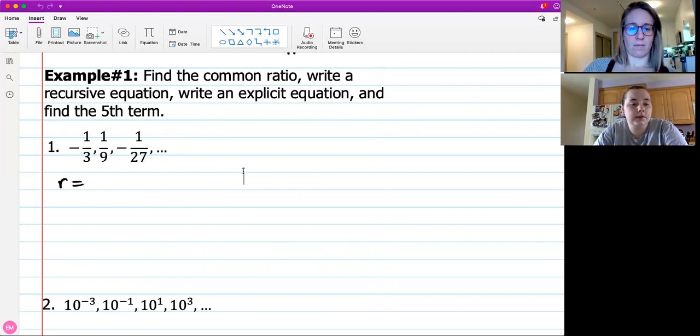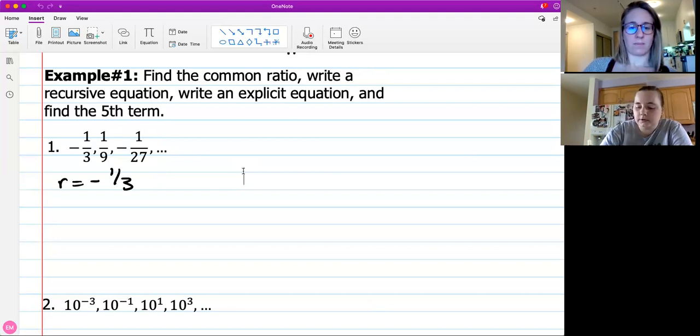So I know that our second term is positive, so we have to have a negative number, because a negative times a negative is a positive, and a negative times a positive is a negative. So to continue this pattern, we have to have a negative number. And to get from 1/3 to 1/9, we're just going to multiply by 1/3. So R is equal to negative 1/3.